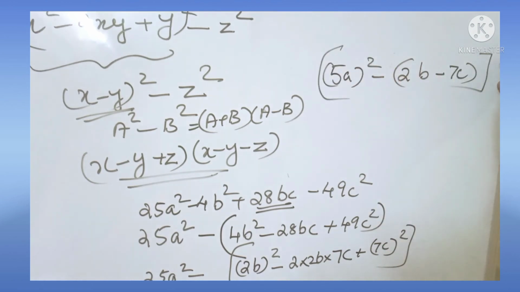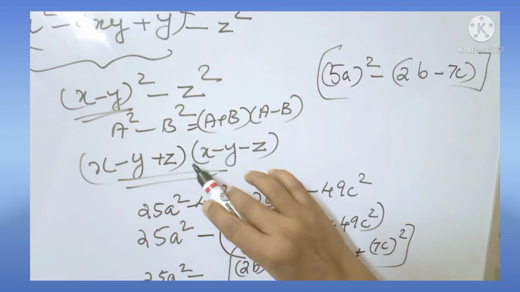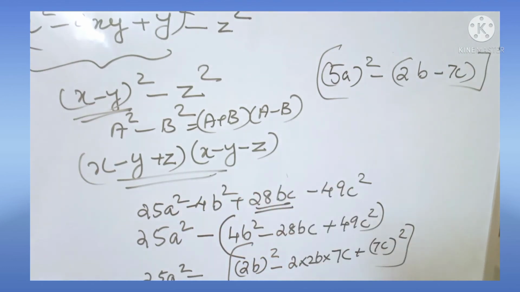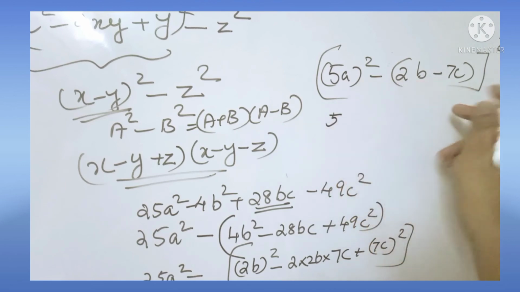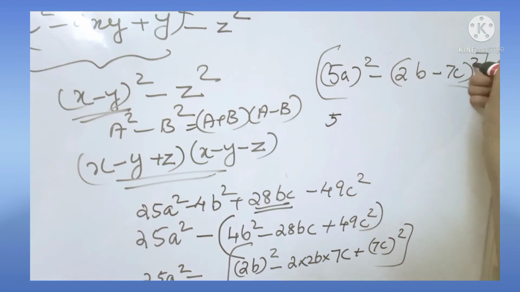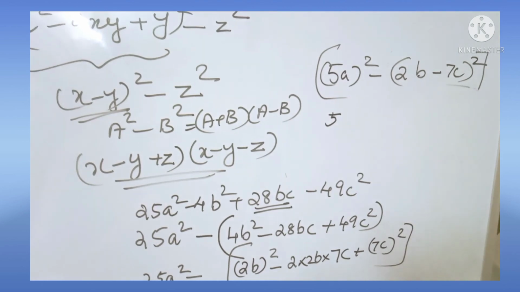The last one, the previous one we did like this, that is x minus y plus z into x minus y minus z. The same method we can apply. So here a square minus, here it is whole square, 2b minus 7c whole square.